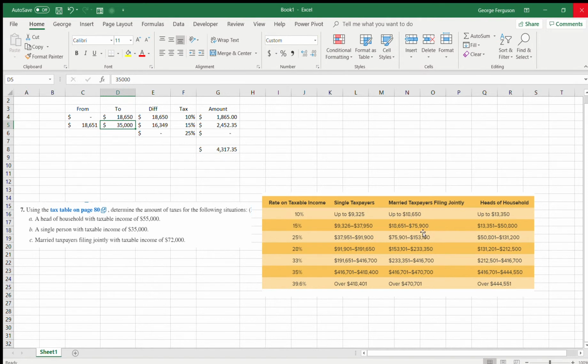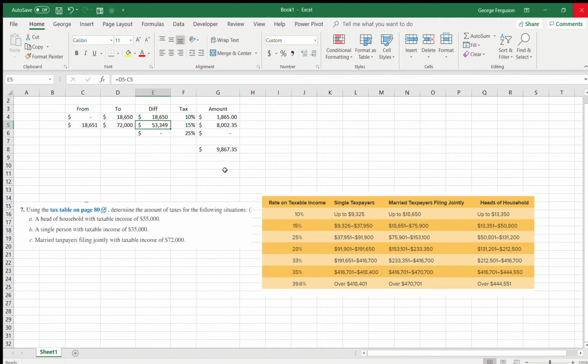Now you'll see that that next level is greater than what your actual taxable income is. So the max there would be 72,000. The difference there is 53,000. So you're paying 15% on that difference. So you get 1865 for the first part, 8,002 for the second part, 9867 for the grand total.